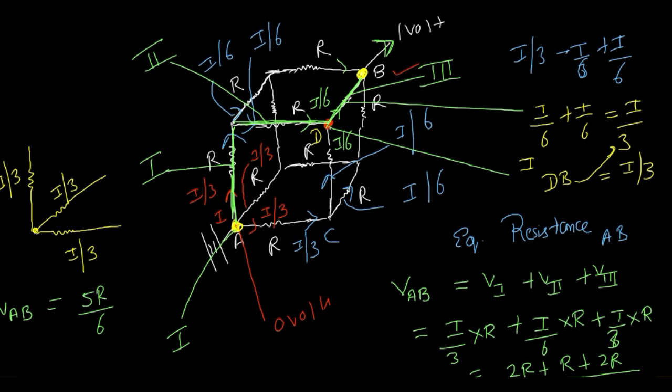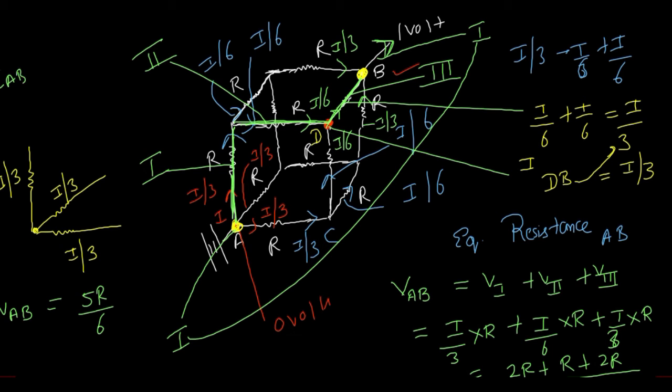These all show symmetry, so this will be I by 3 and this will also be I by 3. Everything gets aggregated here and you again get a current I back, which is where you started. So these two are identical, which means the current between the points A and B is I.